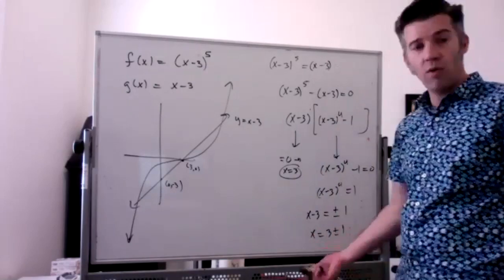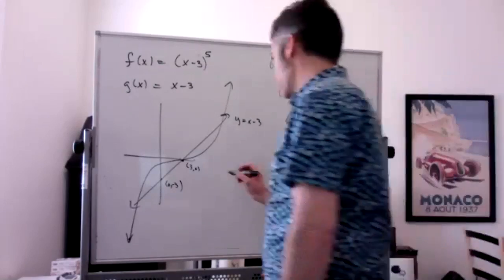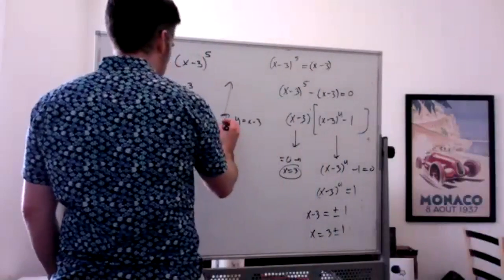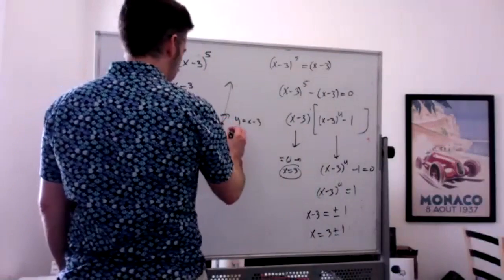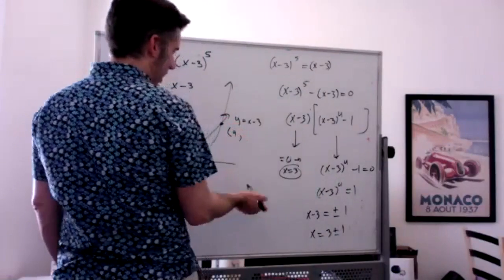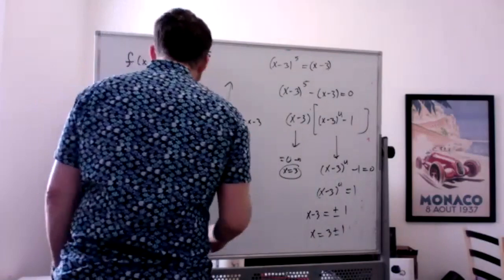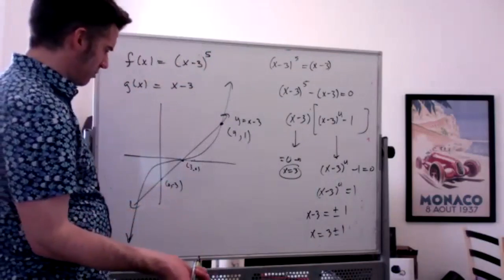So x is going to be 4 or 2. So here's the intersection point when x is 4 and y is going to be 1.